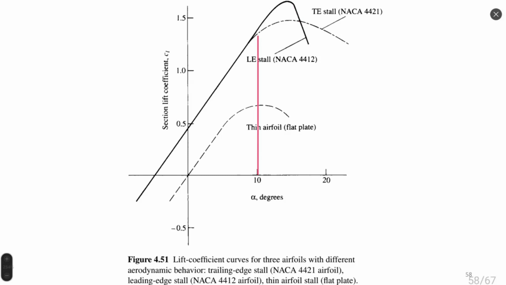The thick airfoil has a smoother change of lift coefficient, so it can work effectively until more or less 20 degrees, or even a bit more than 20 degrees. I mean effectively, that even with flow separation it would still have a good value of lift coefficient. So the range of operation for this thick airfoil is bigger.